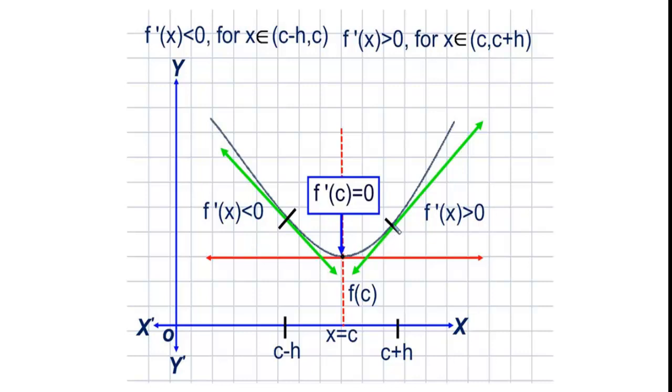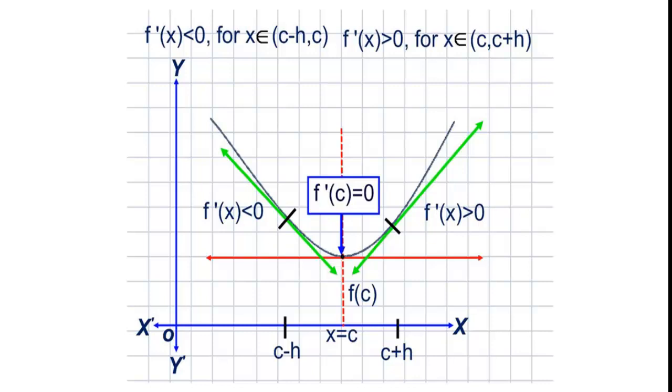And in the right neighborhood of c, the slope has a positive sign. That is, f dash x is greater than 0. And therefore, we can see that f dash c is equal to 0 when x equal to c, where the function is neither decreasing nor increasing.